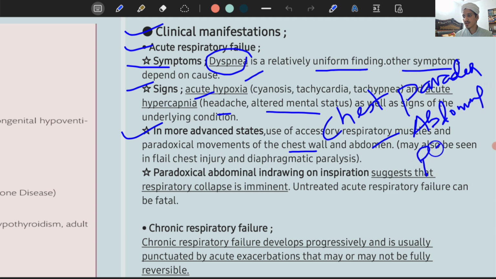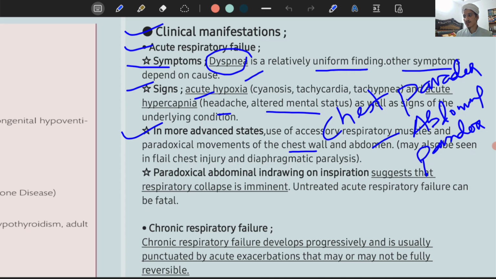So during inspiration, the chest should move outwards, but the chest will move inwards, and during expiration the chest will move outwards. So that is chest paradox. What is abdominal paradox? During inspiration, the abdomen will move inwards, and during expiration, the abdomen will move outwards.